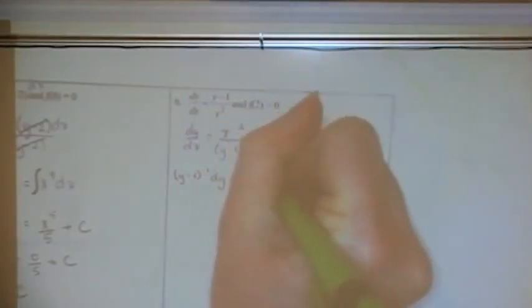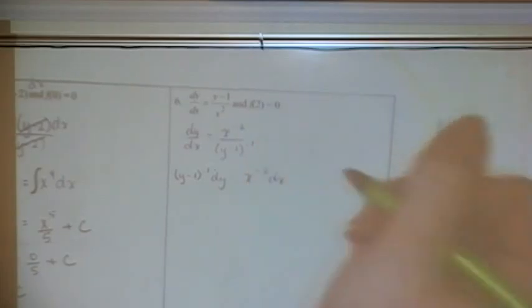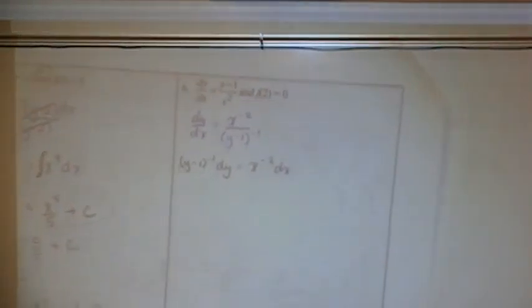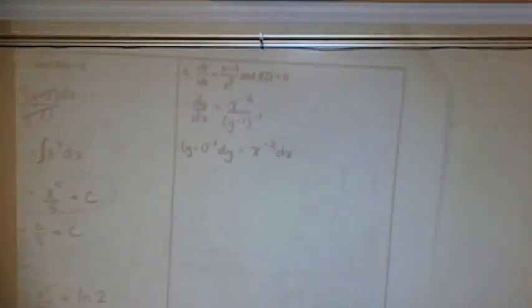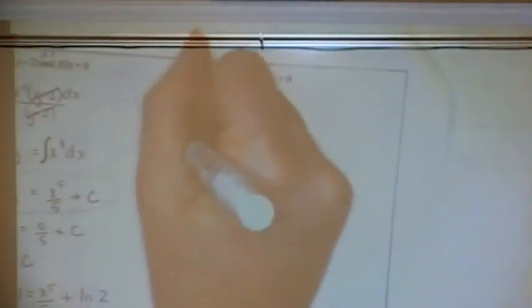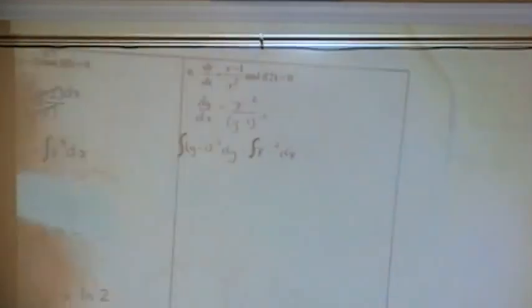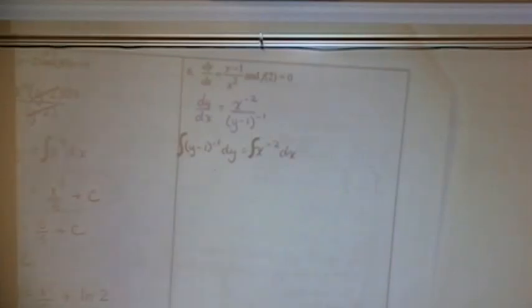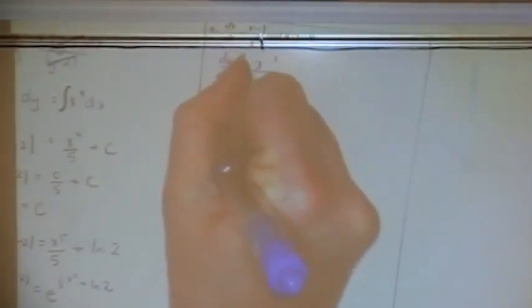And I now have y minus 1 to the negative 1 dy equals x to the negative 2 dx. And now I can sneak that integrand in here. Just to make everybody happy, I'll write this as 1 over y minus 1 dy.